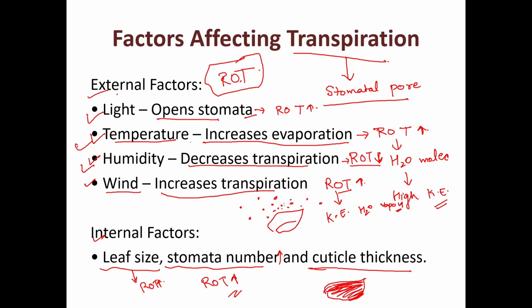If a leaf has a thick cuticle, it prevents the loss of water vapor, so the rate of transpiration will decrease. A thicker covering leads to less loss of water vapor.